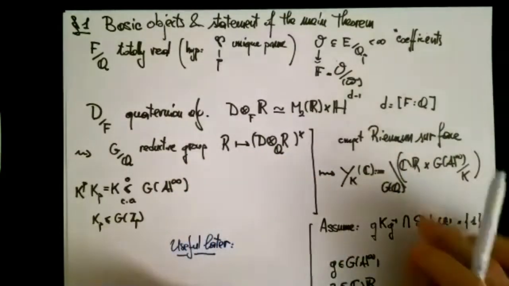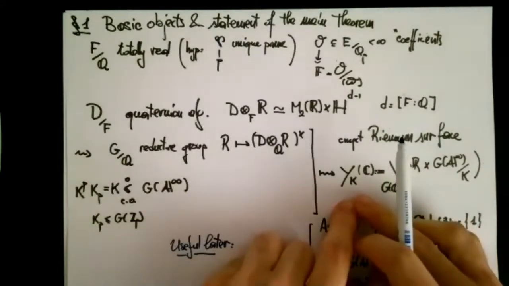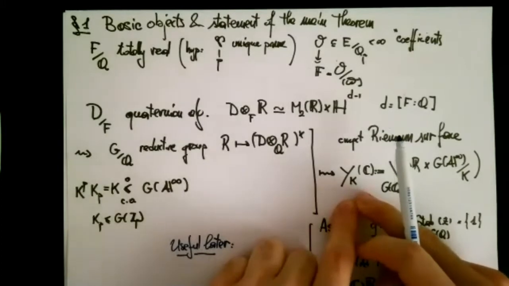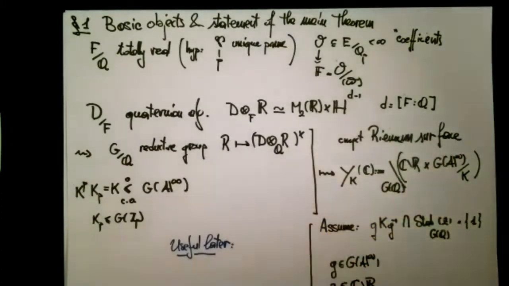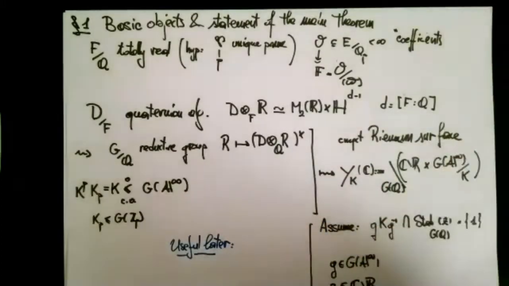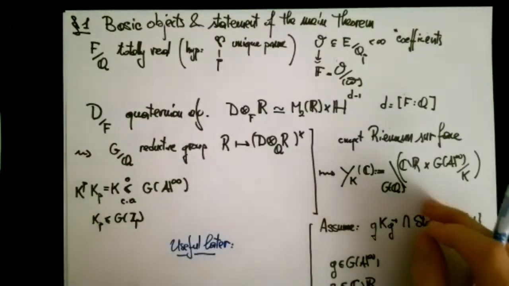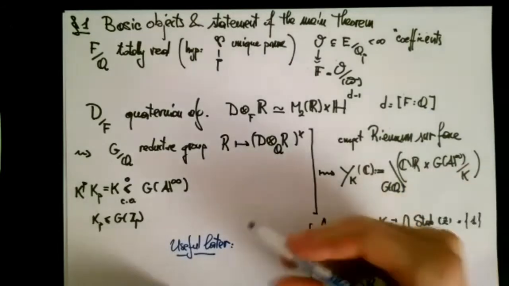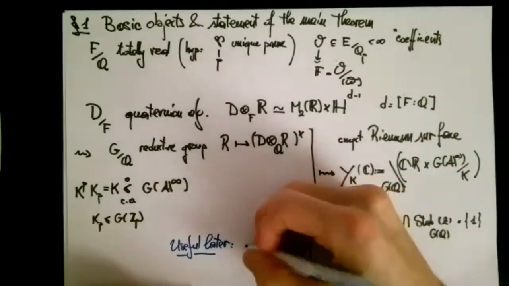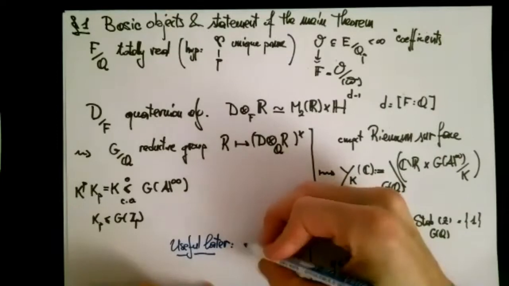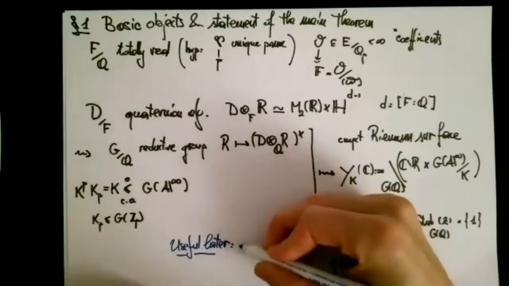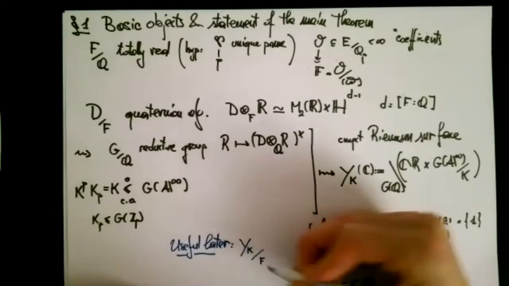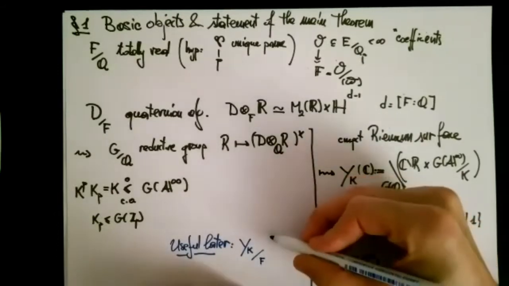Because first of all, we consider the cohomology of this compact Riemann surface. But then later on, when we want to put some Galois action on our complete cohomology, it will be important that these objects are actually algebraic over F. So what is useful is that we can actually realize Y_K over F as a smooth projective curve.